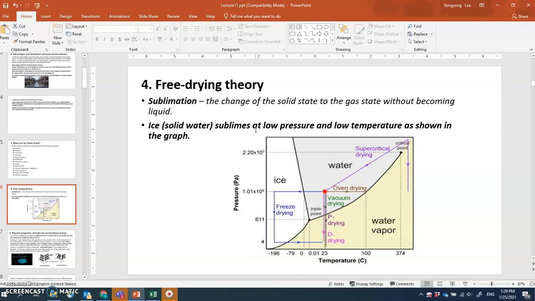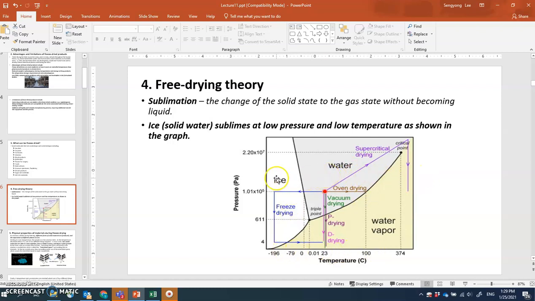Liquid can be crystallized if the temperature goes down, and liquid can be vaporized if you heat it up. So temperature is the main factor that changes crystal form to liquid form, and liquid form to vapor form.